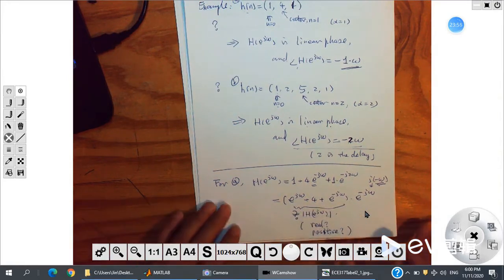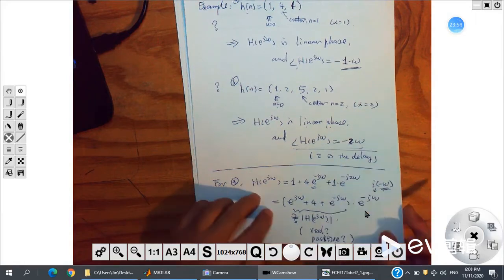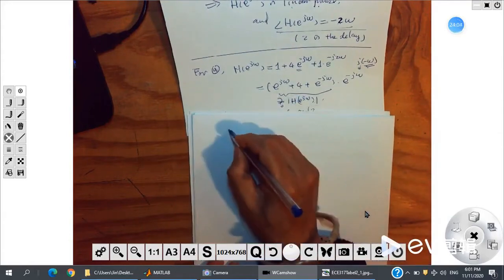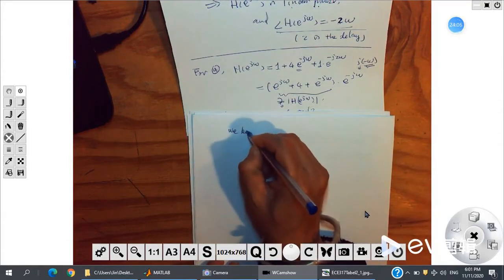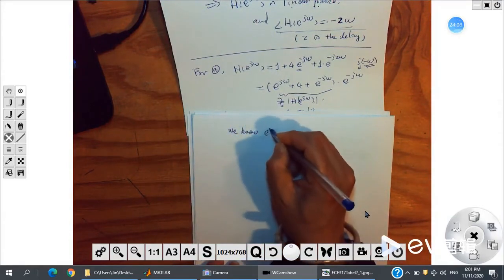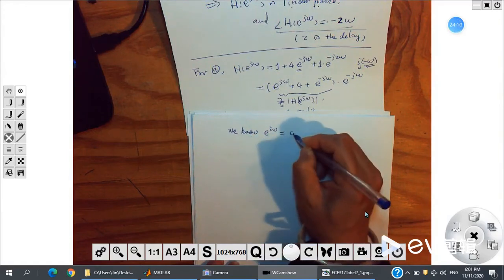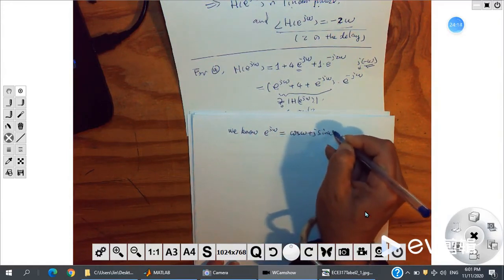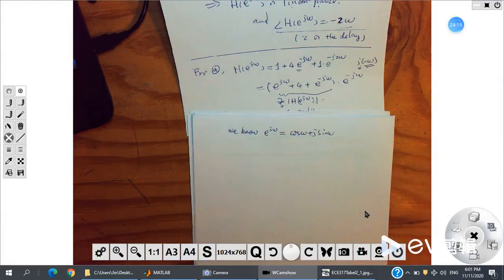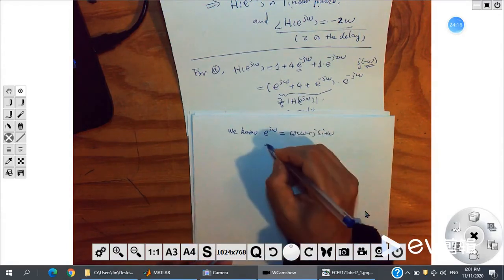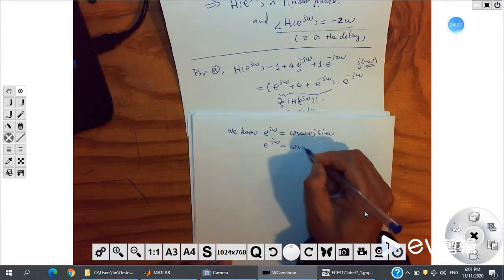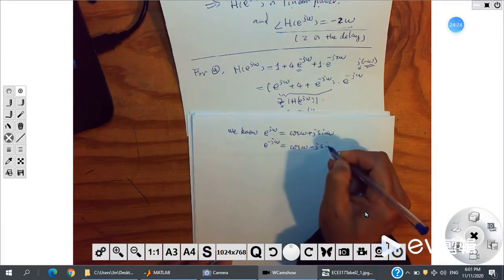Right? Okay, we will check this part, and for this part we need to use what we know: e to the j omega equals cosine omega plus j sine omega. This is the Euler formula. And also we have e to the negative j omega equals cosine omega minus j sine omega.